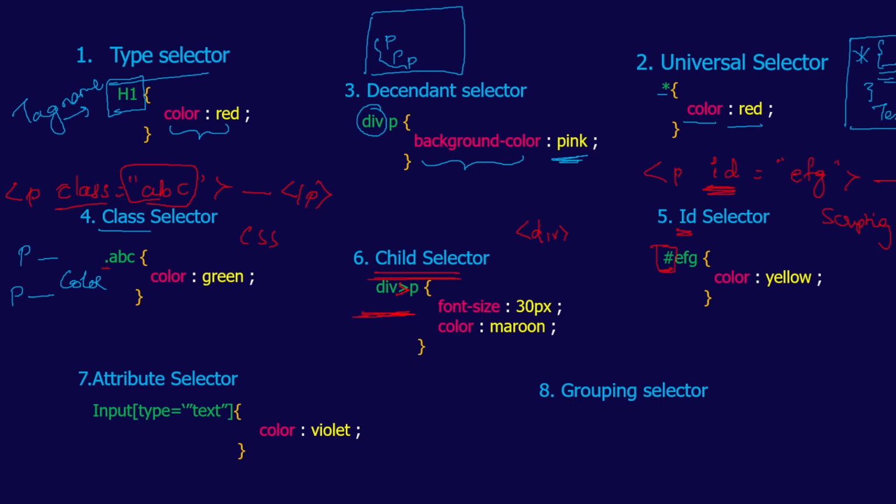Then the final one is the grouping selector. You can group multiple selectors together if you want to give them the same properties. For example, if you want H1, paragraph and H2 to have the same color, you can just give color equals red. In a similar way, you can group multiple classes, and if you want to group a class with an ID, you can also do that.